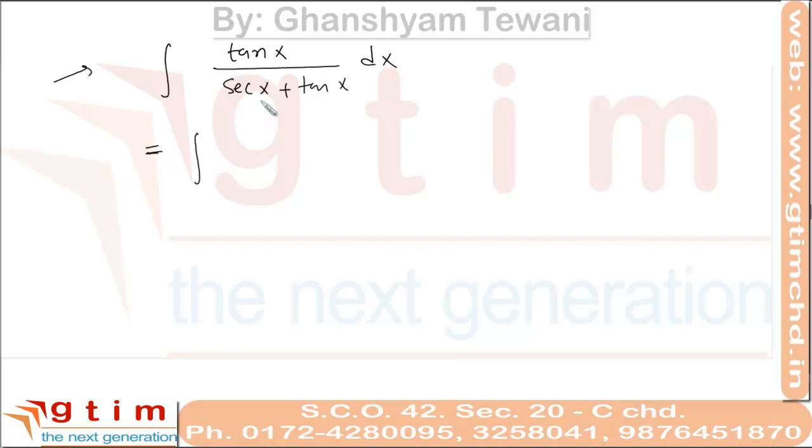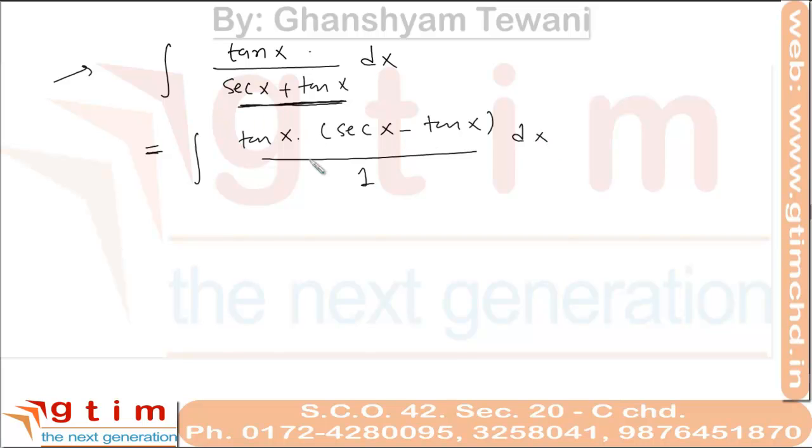Now we know the identity that secant square x minus tan square x is equal to 1. So if we multiply numerator and denominator by secant x minus tan x, we have tan x multiplied by secant x minus tan x, and in the denominator we will have 1 because we will have secant square x minus tan square x. Now this is secant x tan x minus tan square x.